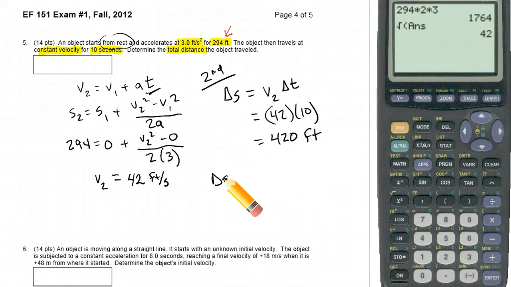So delta S total equals 294 plus 420, which is 714 feet.